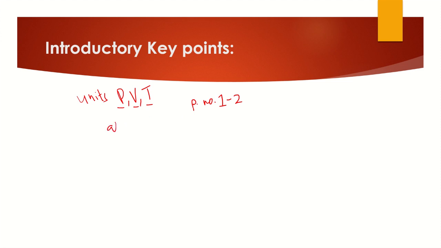For pressure, most of the time we'll be using atm, and we will also be using millimeter mercury. For volume, we'll be using liter, milliliter, as well as centimeter cube. And for temperature, we'll be using Kelvin, and sometimes it's expressed in degree Celsius. So this is the first point that we have to keep in mind when it comes to units.